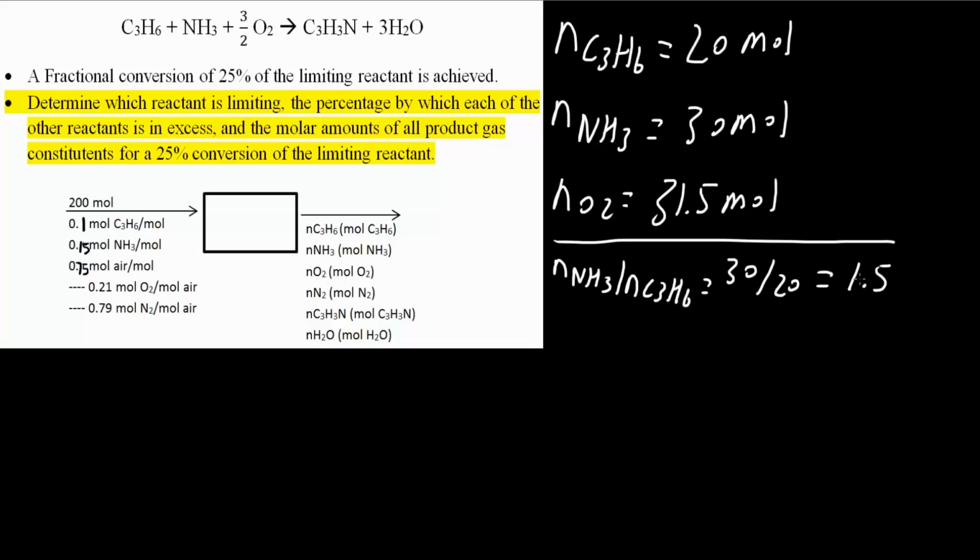Next, we will do the stoichiometric ratio of the two. What would actually be the ideal situation? We can say N NH3 divided by N C3H6 stoichiometric, and that's going to be 1 divided by 1.